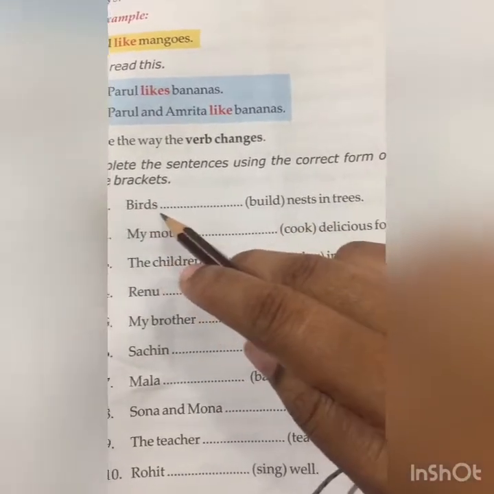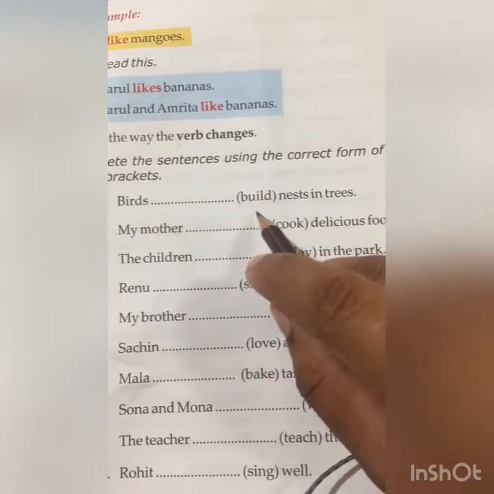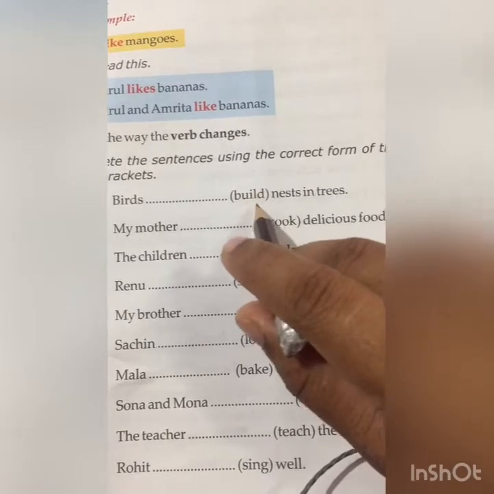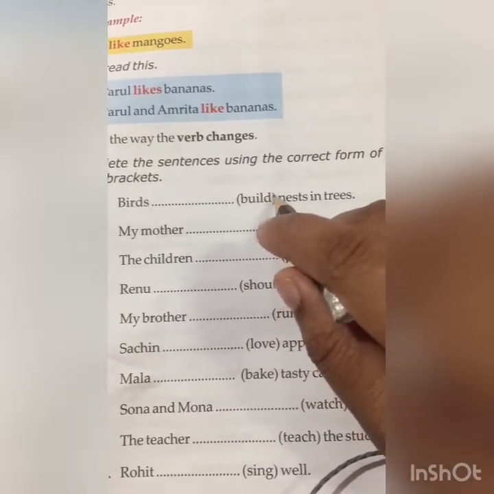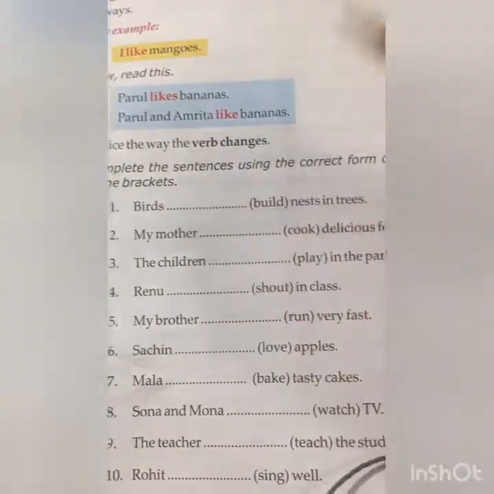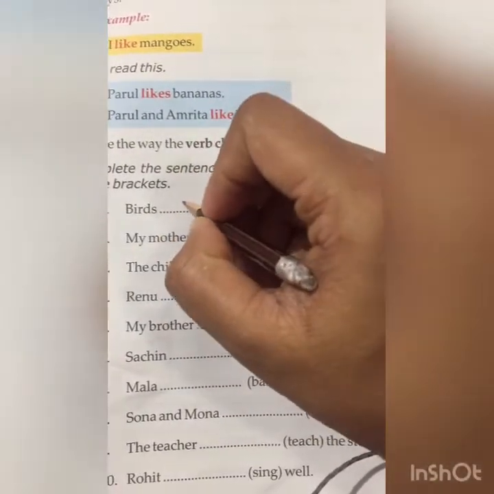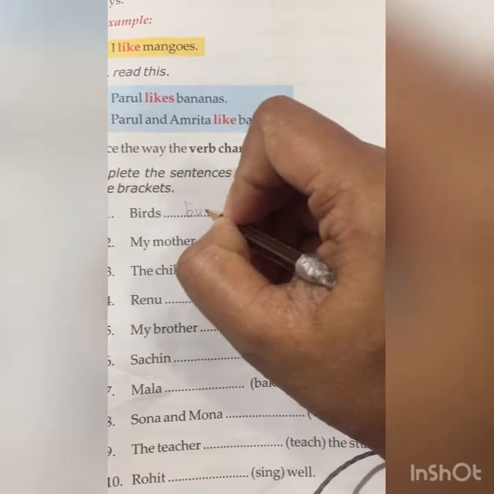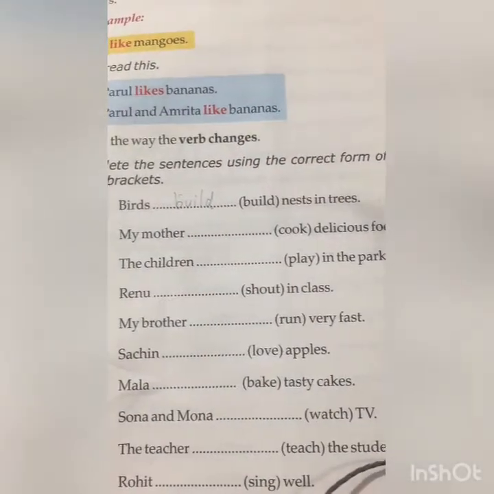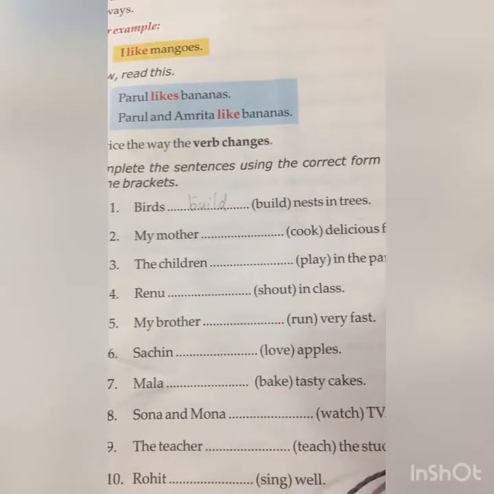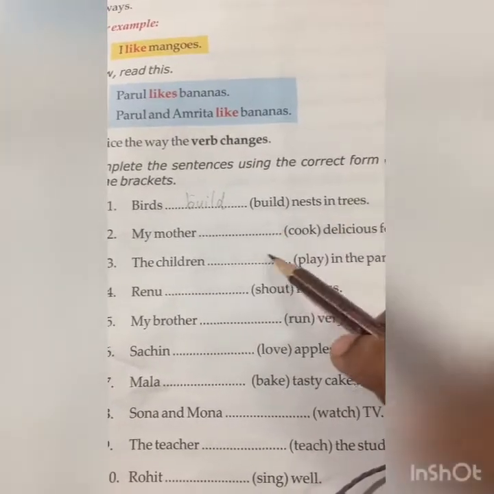Birds is plural, so we have to use the plural form of the verb here. In the plural form, we don't have to add an S, right? So, birds build nests in trees. Okay, have you understood?